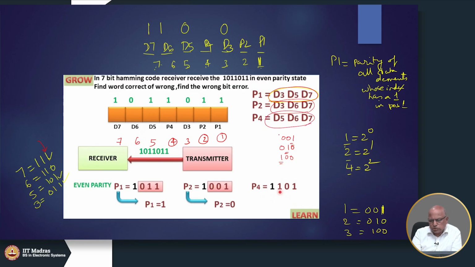So for P1 we take 3, 5 and 7. D3 is 0, D5 and D7 give us 100. For even parity, we have to put a 1 here.